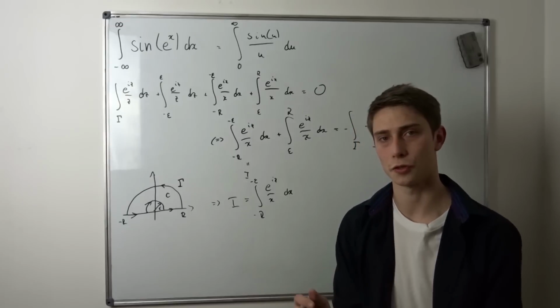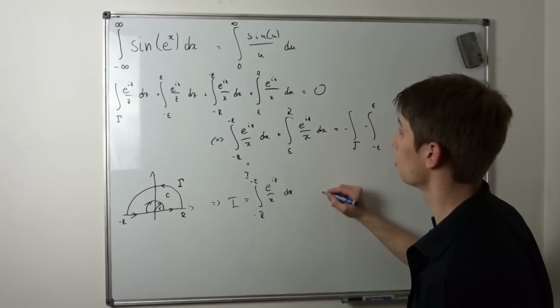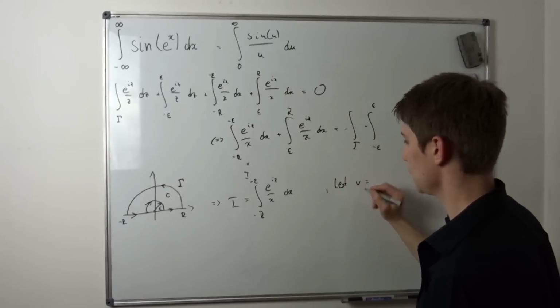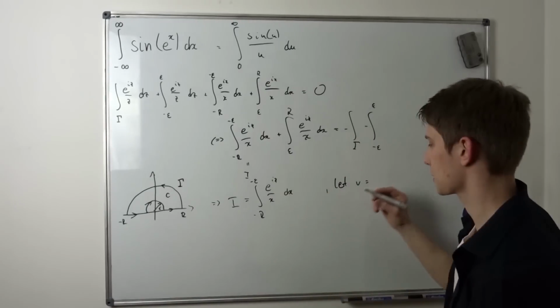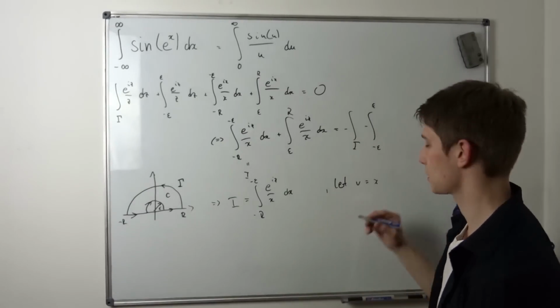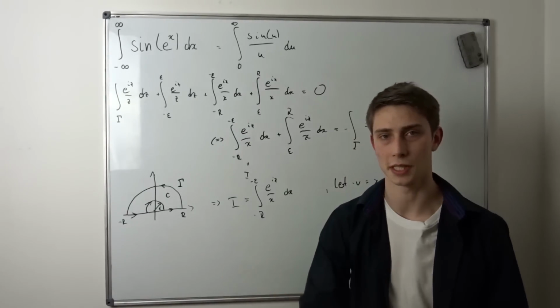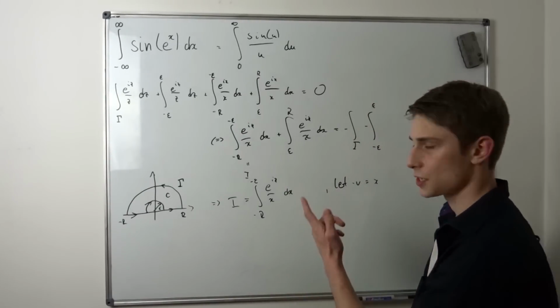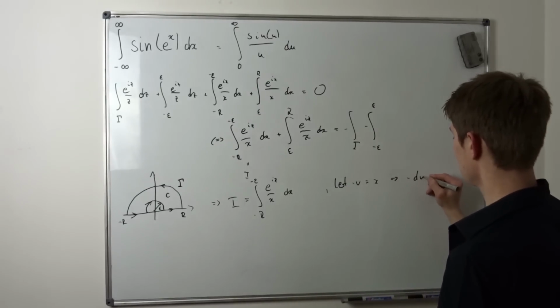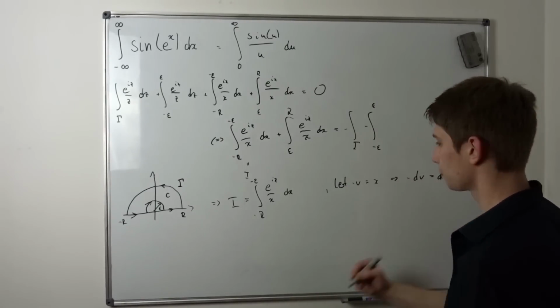And now we are going to introduce a u substitution. So, no, not u, we are going to call it v. So let v equal x, but with a negative sign. So we want minus v equal to x. You will see in a second why I'm doing this. So let's see what we get now. That would mean that minus dv is equal to dx.